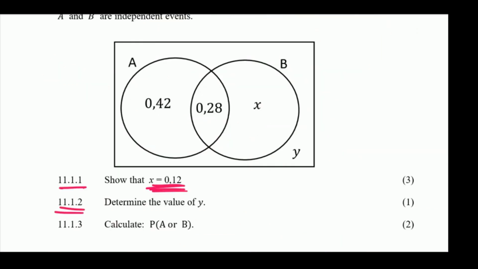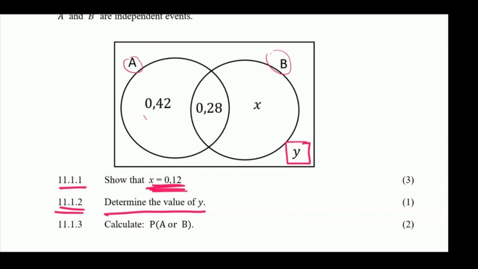11.1.2, we are asked to find the value of y. So the value of y is this one here. That is not A and not B. So it's not part of the event A and B, right?